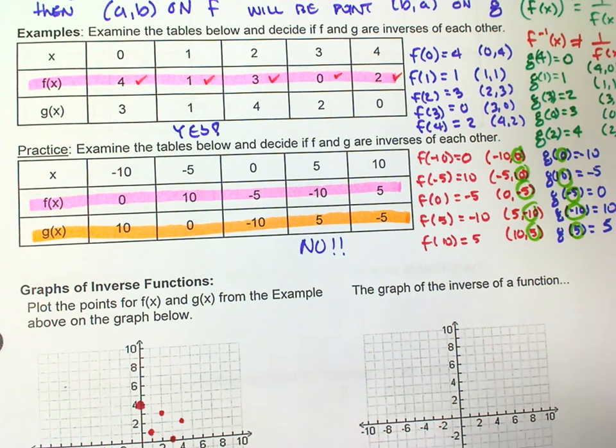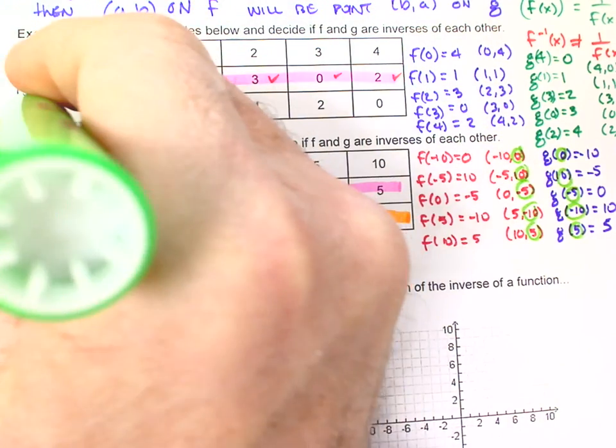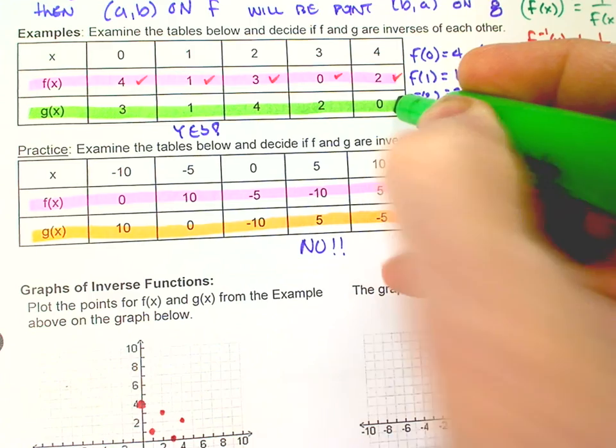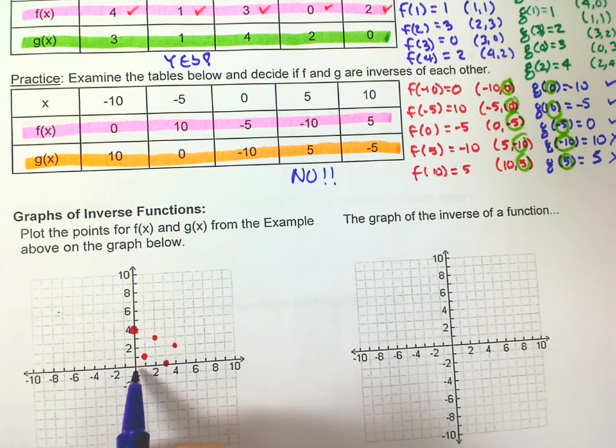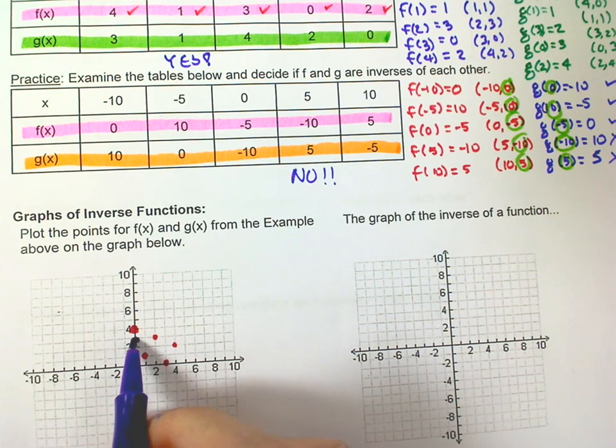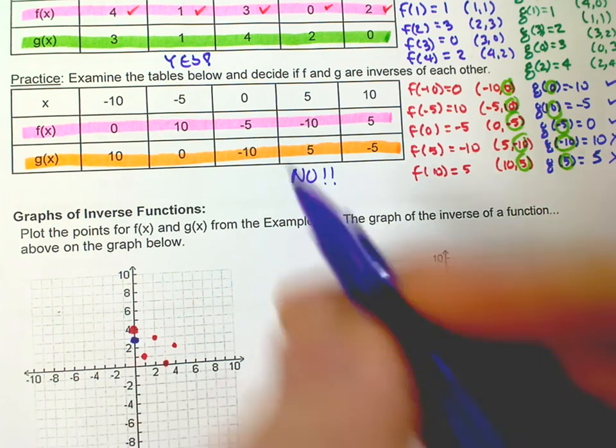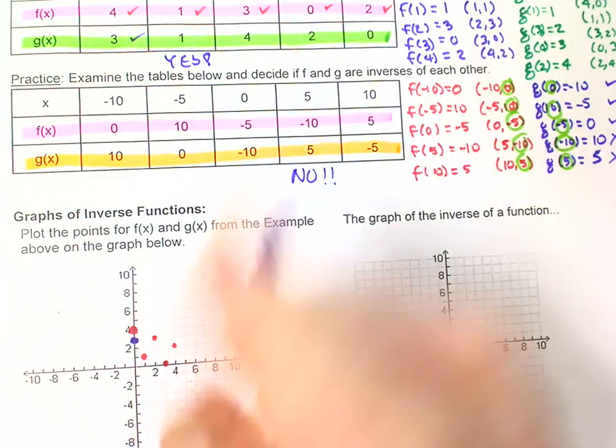So what we're going to do now is plot all the G points, and then we're going to compare those graphs. In G, we have the point 0, 3, and that's going to be this point right here, 0, up 3. Then we'll go through 1, 1.